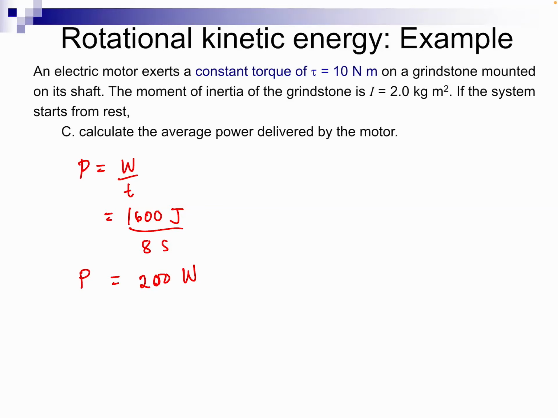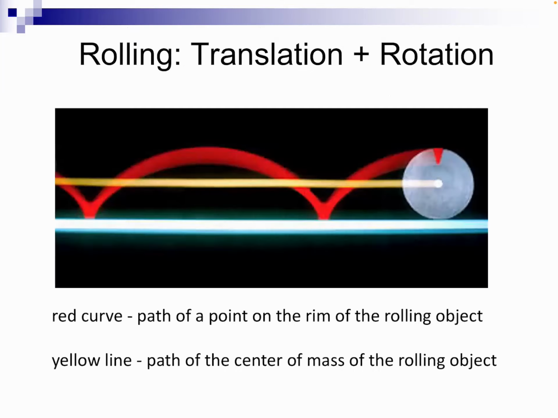All right, any questions so far about rotational kinetic energy? I think up to this point we're okay, we can follow, which is good. Now let's talk about a special kind of rotational motion. This special kind of rotational motion is called rolling.